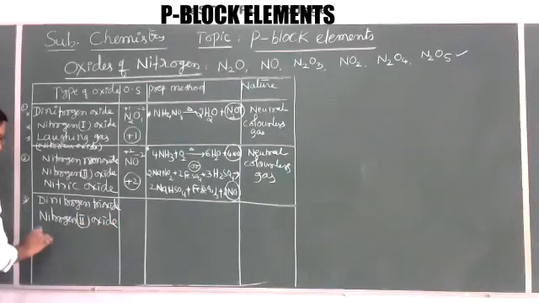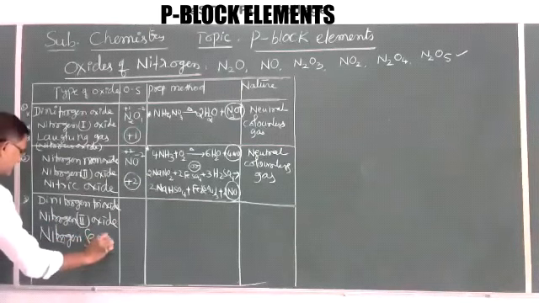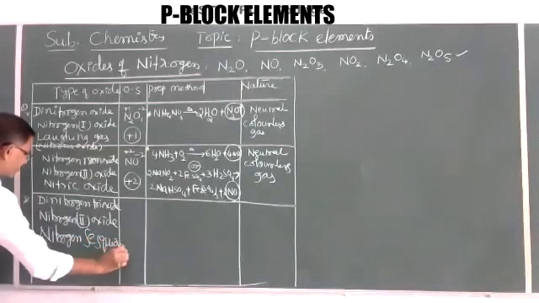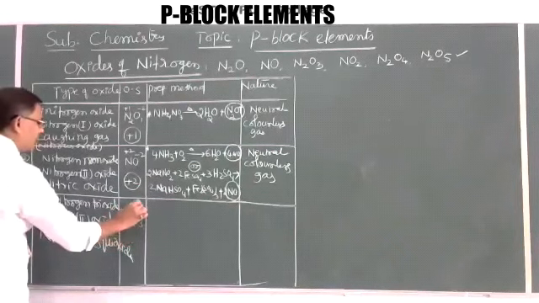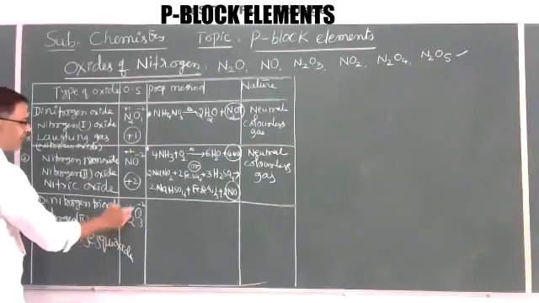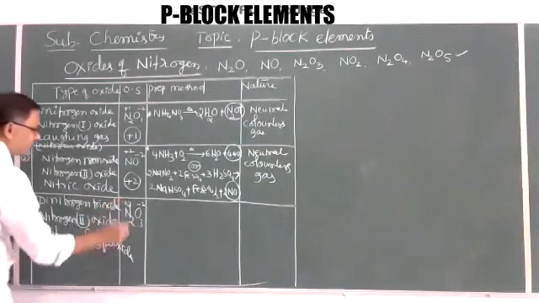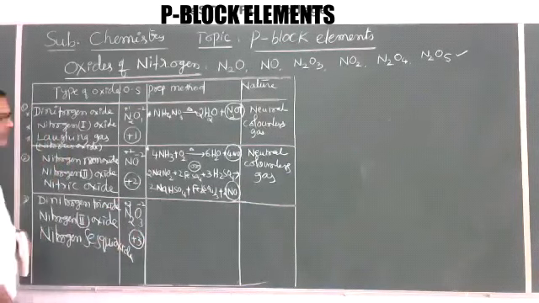It is also called, very, very important, nitrogen sesquioxide. Its formula is N2O3, here -2 times 3 is -6, so +6. Compulsorily +3 oxidation state is required. That's why its oxidation state is this.